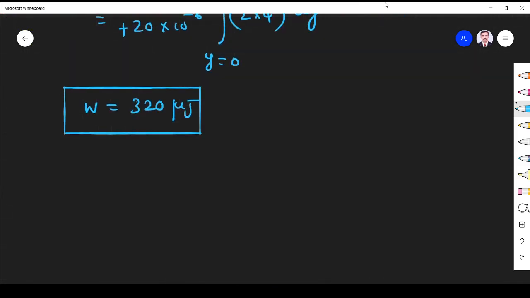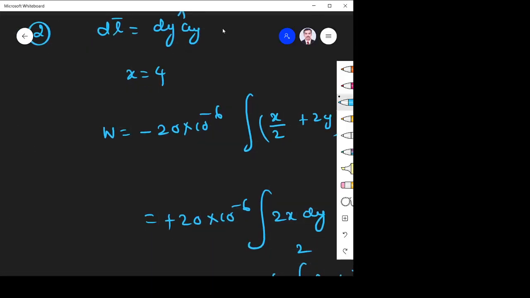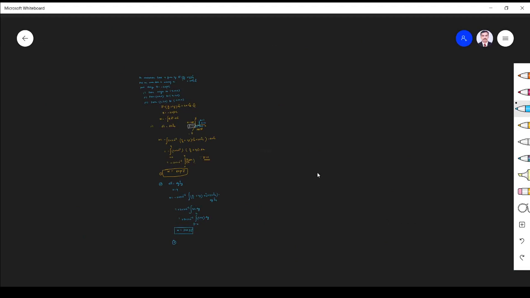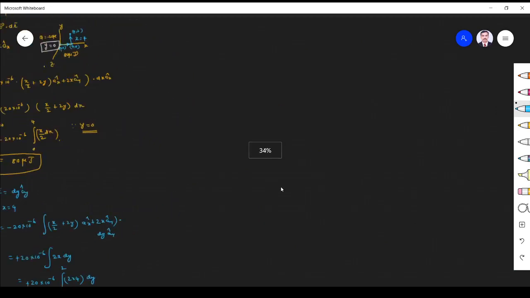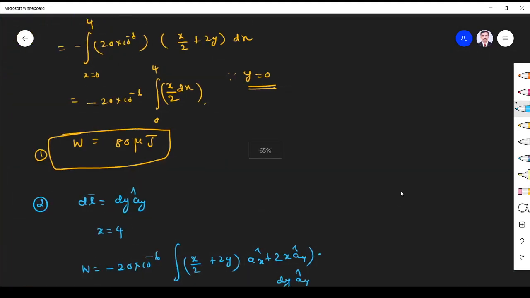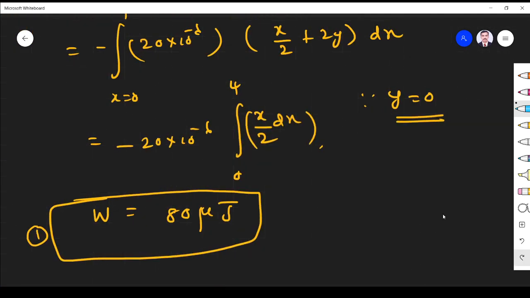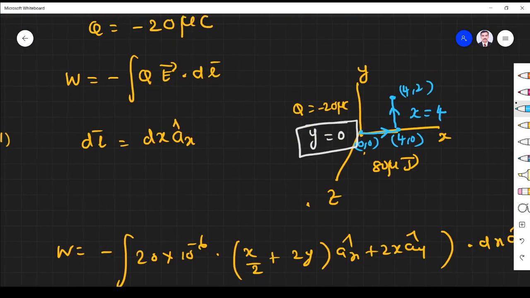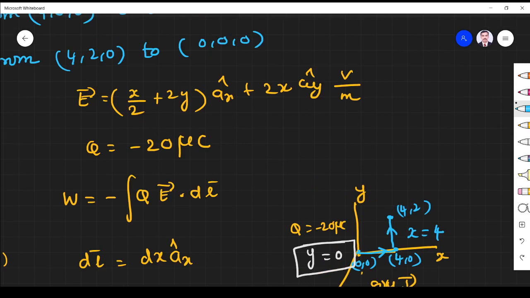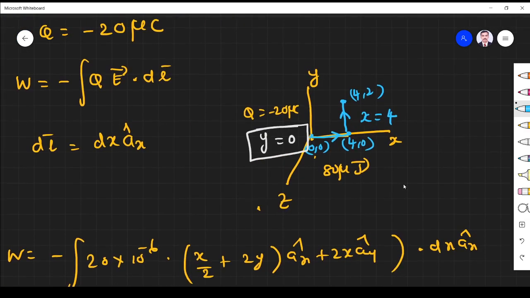Okay, now the third problem, right? For the third problem, where are we moving from? We are moving from 420 to the origin.